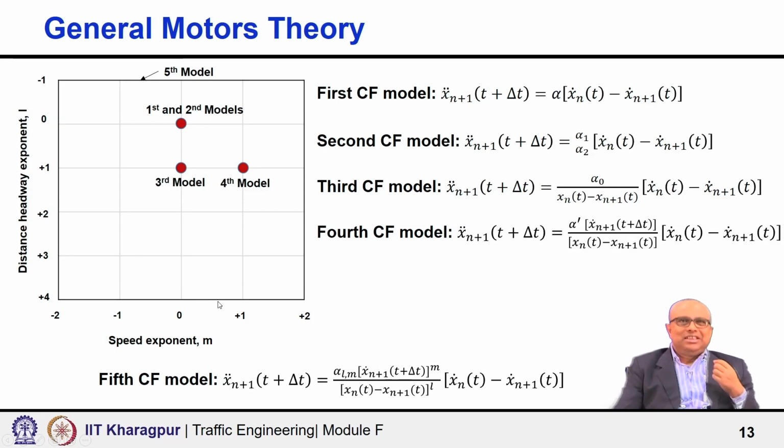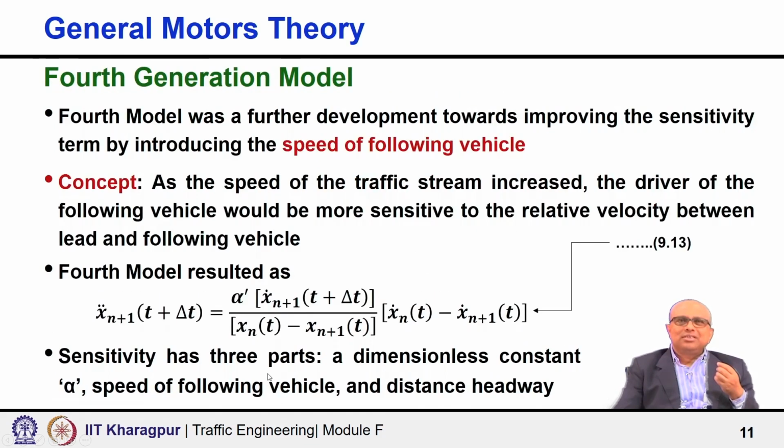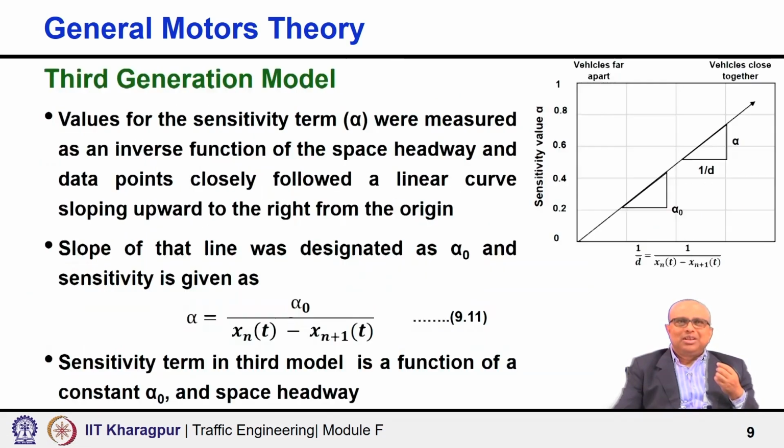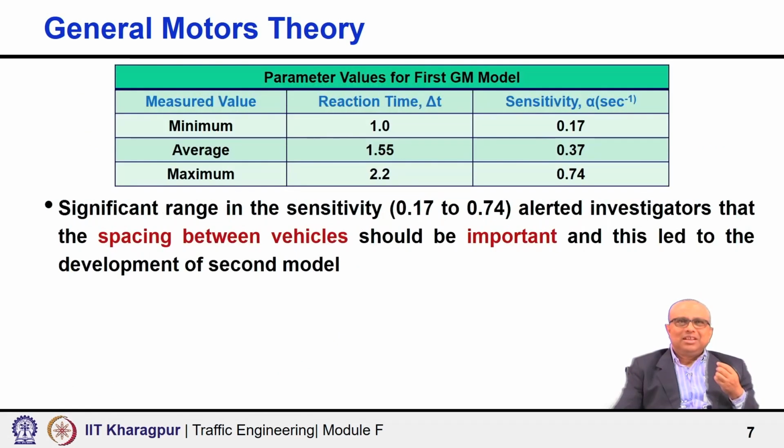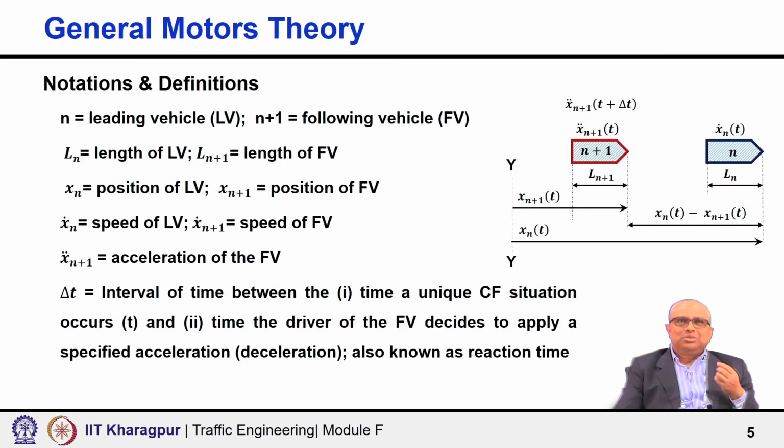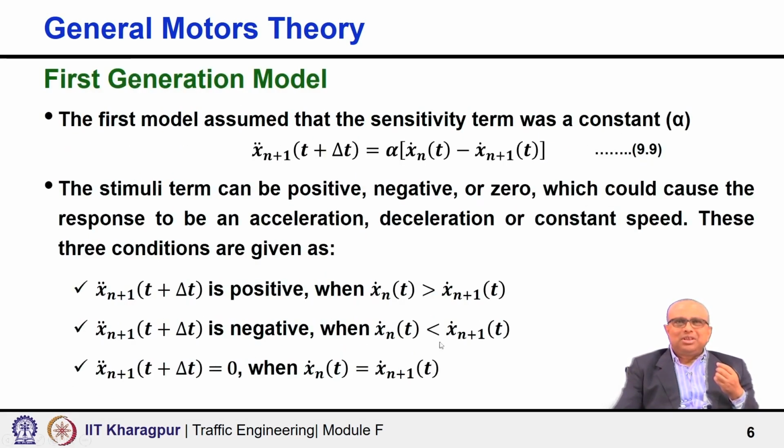Now, when L is 0 and m is 0, then it is actually the first and second generation model. That is what we found.